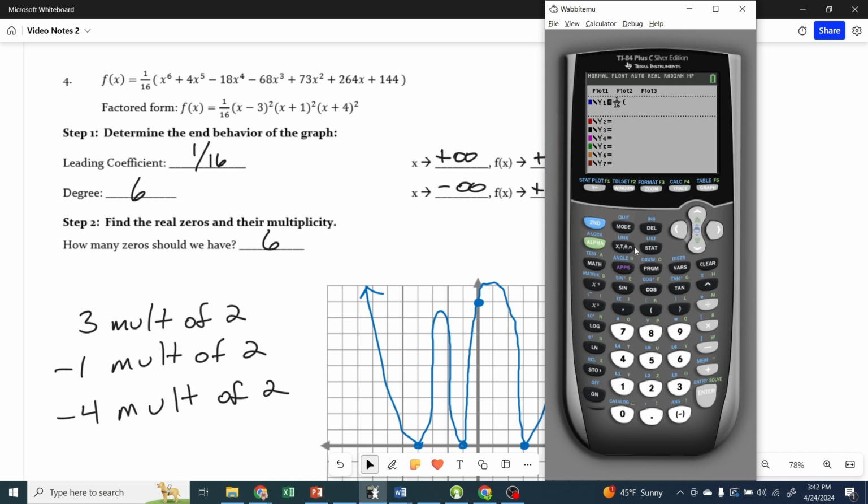And then I'm going to put in x to the 6th plus 4x to the 5th minus 18x to the 4th minus 68x cubed plus 73x squared plus 264x, not 364, 264, and then plus 144, and close my parentheses and hit enter.